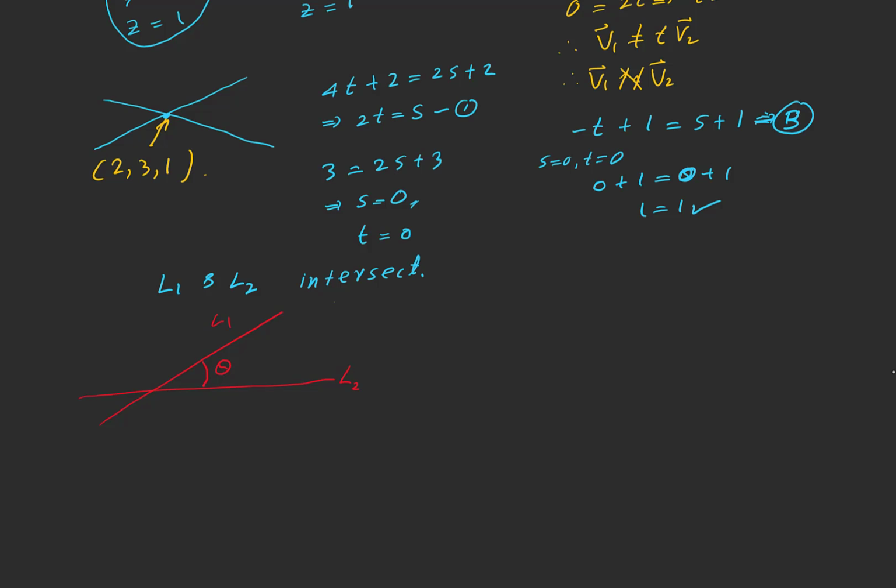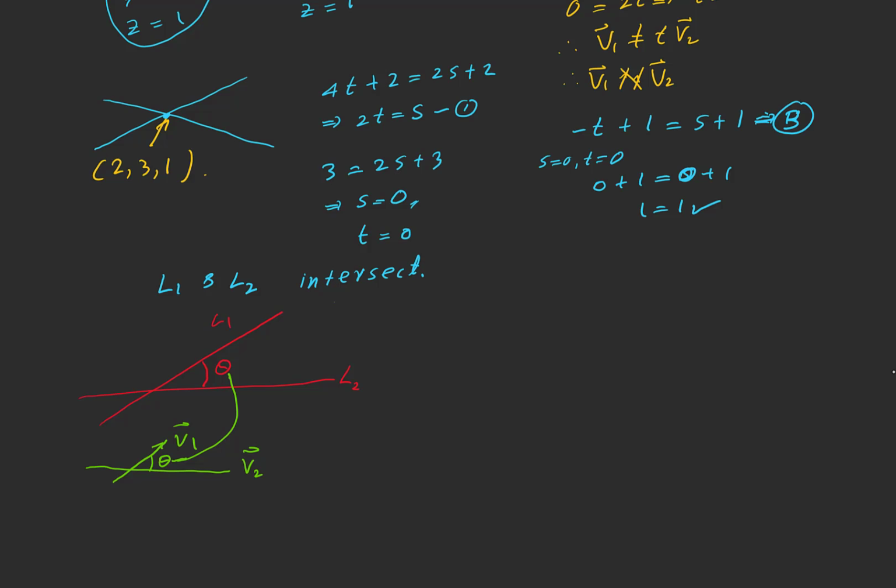You know L1 has a direction vector, I said that is V1, and L2 has a direction vector, I said that is V2. So you see these two angles must be the same because V1 is parallel to L1 and V2 is parallel to L2.